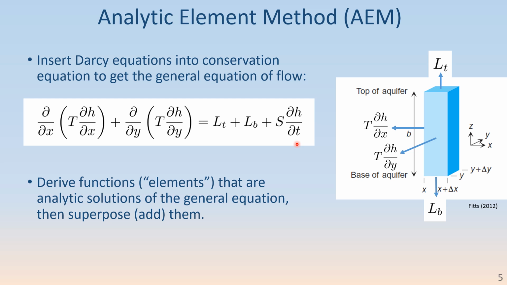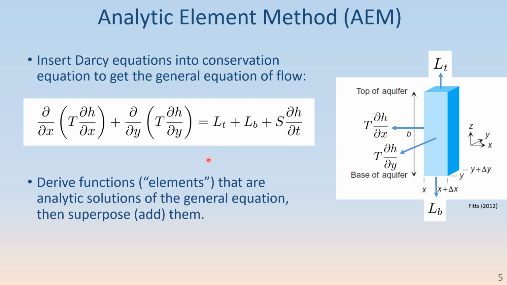So this equation is balancing lateral flows in and out the sides of the prism, which is on the left. That is the net lateral flow into the prism through the sides. And the right side here are the distributed fluxes out the top, out the bottom, and into storage in the prism.